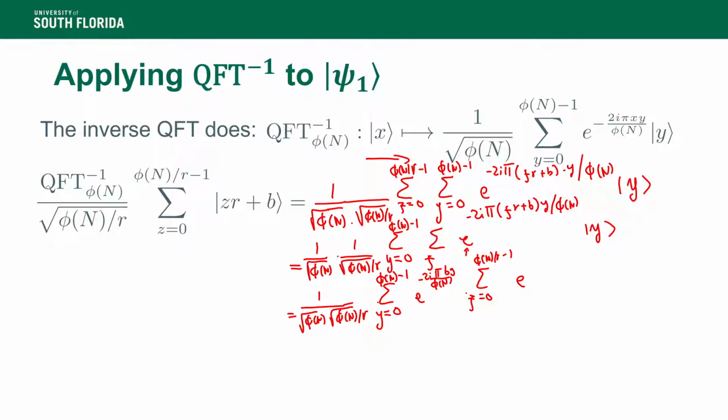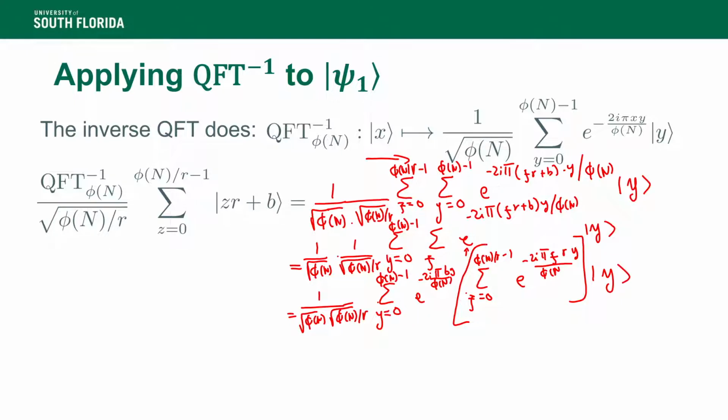So what is this value going to be? That's going to be exponential minus 2i pi z r y divided by phi of n, all that times y. So this here is my coefficient, times something that has amplitude 1, so that is not a problem.